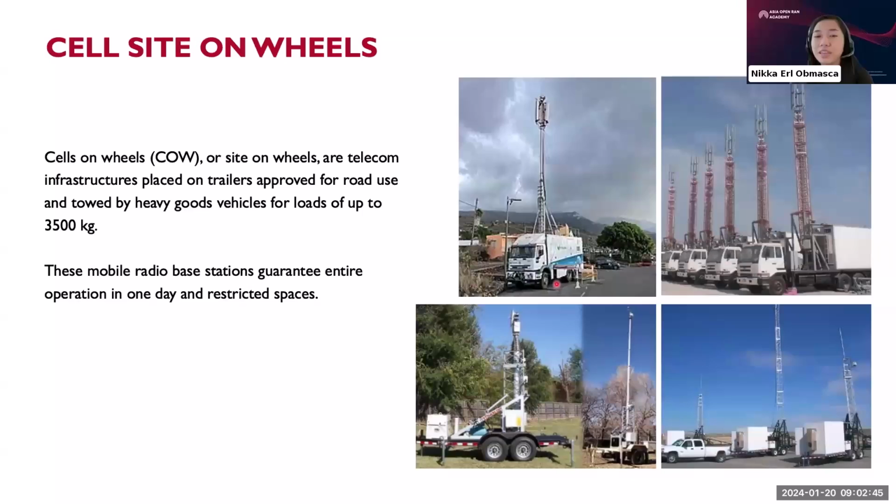So the next one we have is the camouflage site. From the word itself, it's camouflage. It's a stealth tower, a monopole tower, but in disguise. We cannot really see that there's a cell site in there.